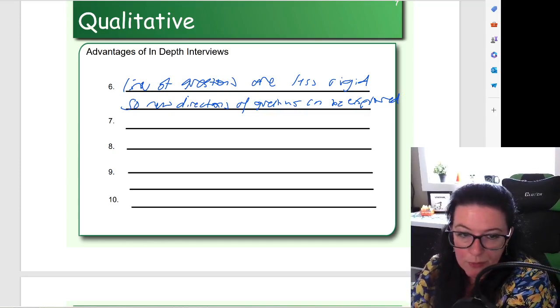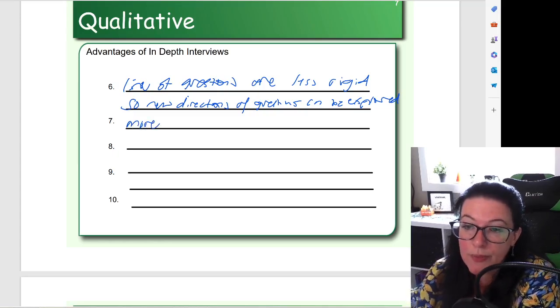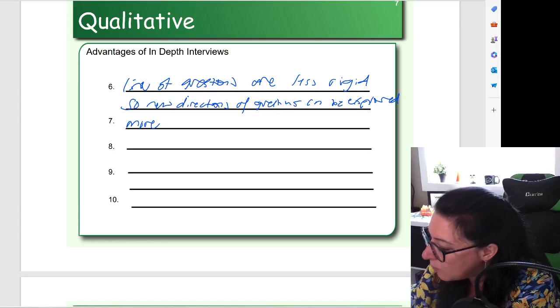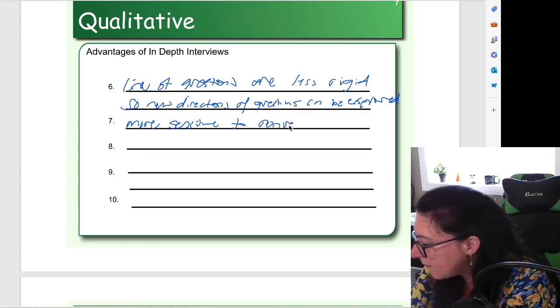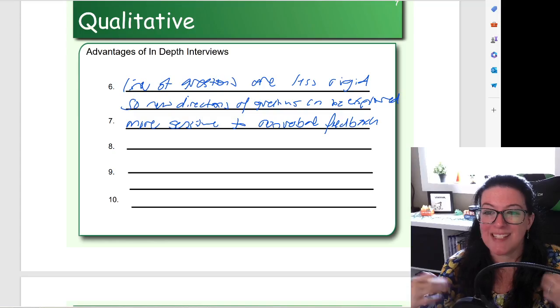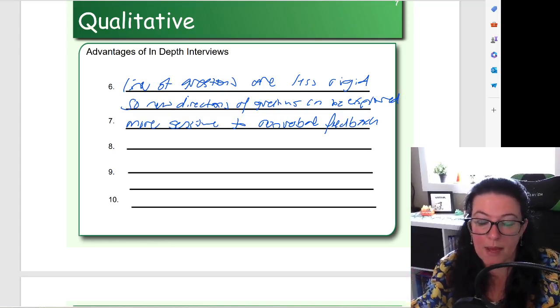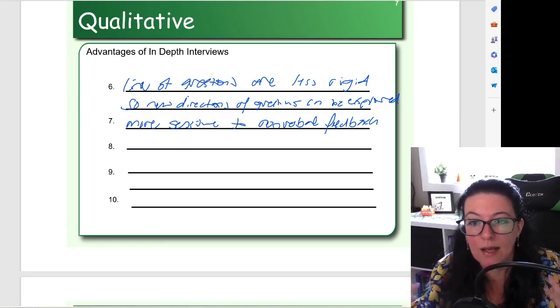The interview, because you are doing this one-on-one, is more sensitive to nonverbal feedback. You can identify when someone is excited about something or when something makes them uncomfortable, and then you can get them to explore that in more detail.